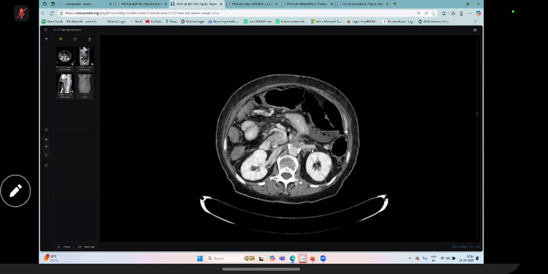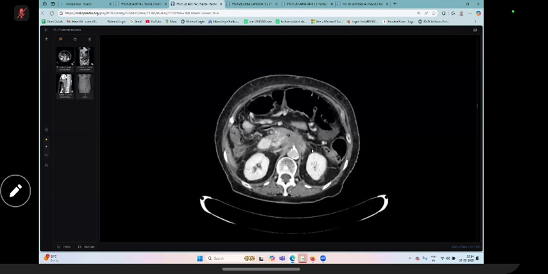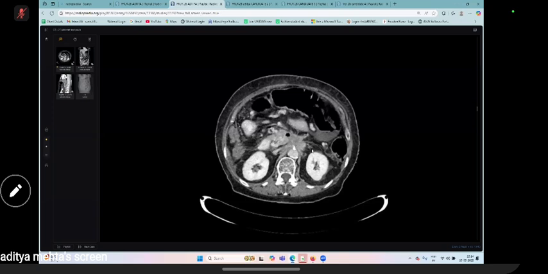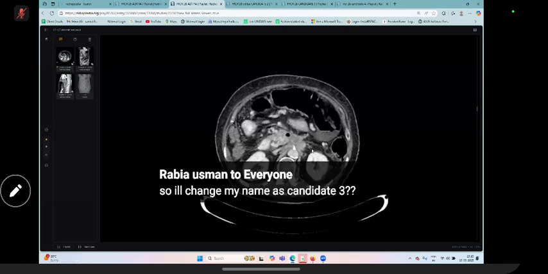Now, what will you do in this particular situation? This case comes to you in the duty room. The patient is in severe pain. Sir, what is the first step you need to do? Sir, urgently there should be an immediate laparotomy to take out the gangrenous segment and relieve the thrombus, and removal of the gangrenous part of the bowel.